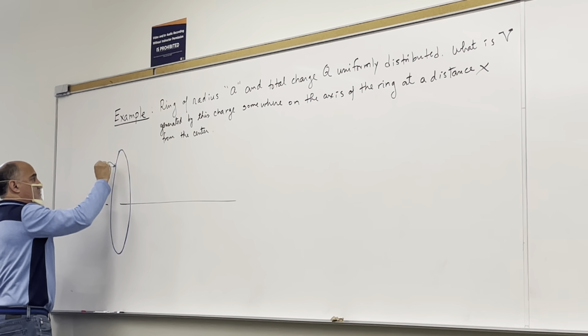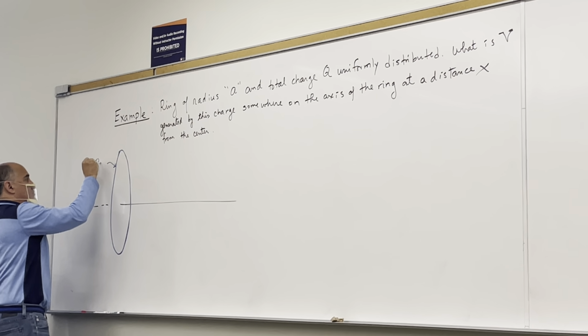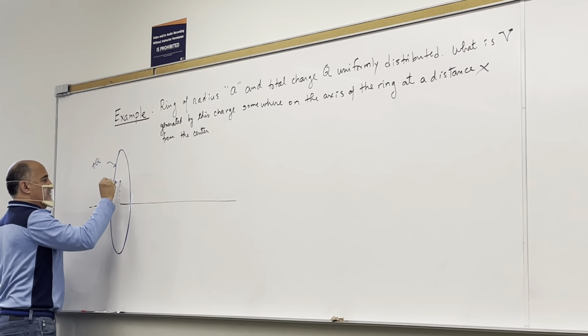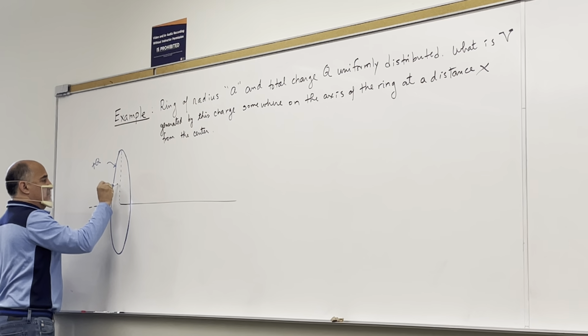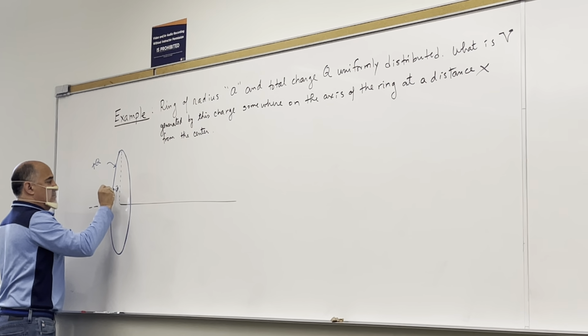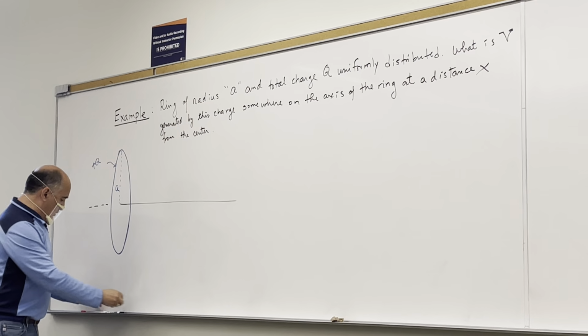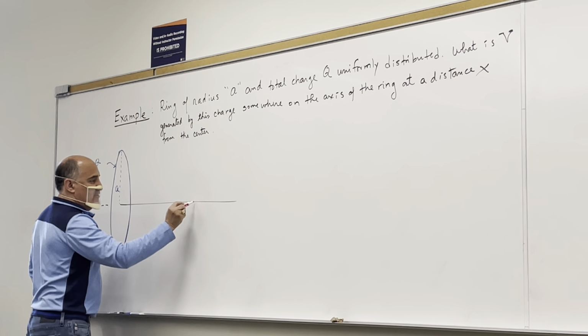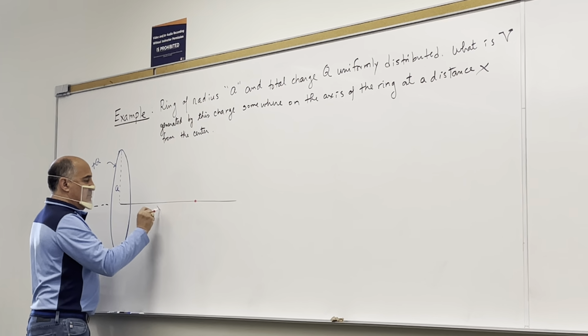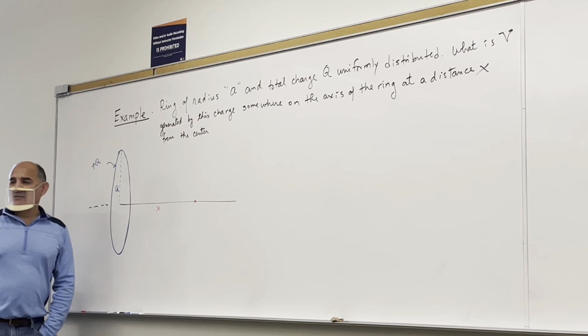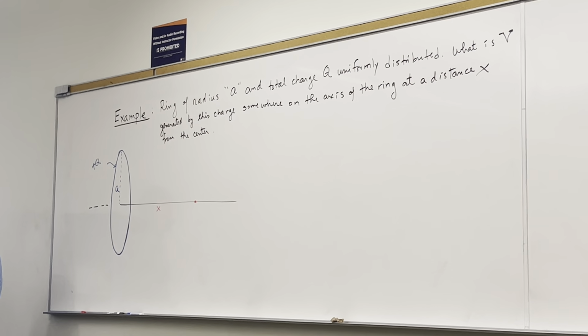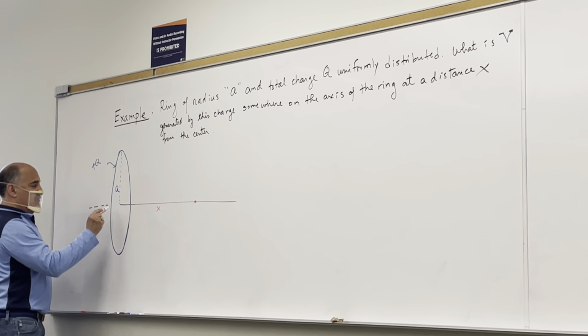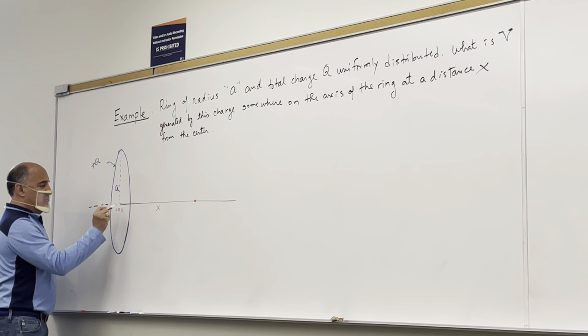The total charge is Q, let's say plus Q. The radius of this thing is A. And I want to know what is the electric potential somewhere over here at a distance x from the center of the ring. You know, here the center over here, this is x equals 0. Right.